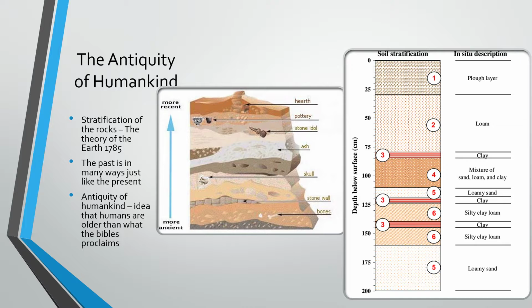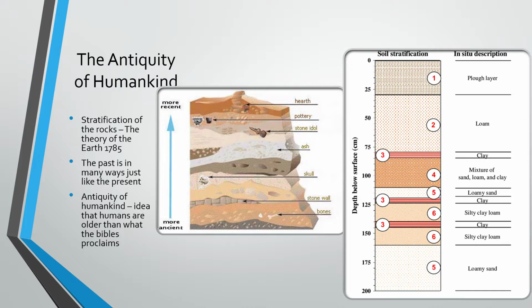This idea of stratification builds on Charles Lyell's principle of geology, which essentially says that ancient geological conditions are the same, if not similar, to our present soil conditions. So not much has changed in the soil conditions from ancient and prehistoric times to now, other than different variations in soil with different events. This can be applied to humans, as human evidence in the soil is quite similar, and it establishes the antiquity of humankind.